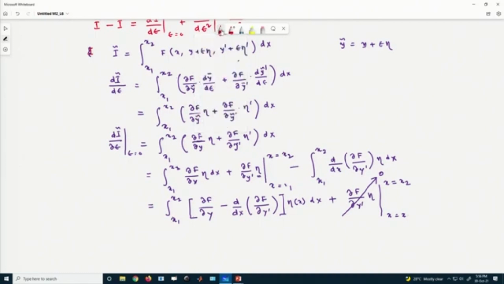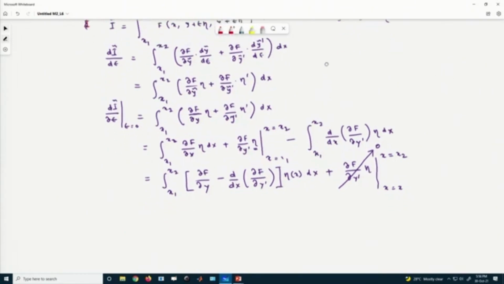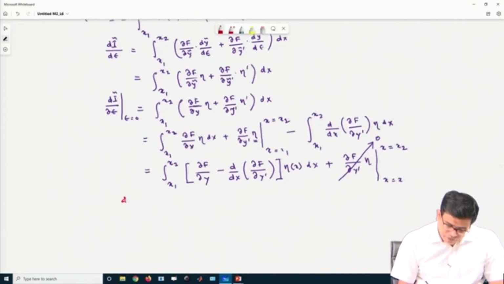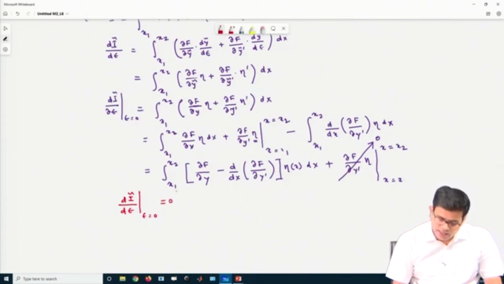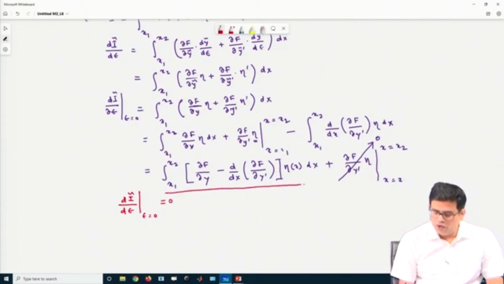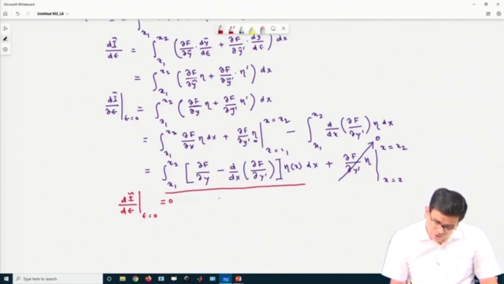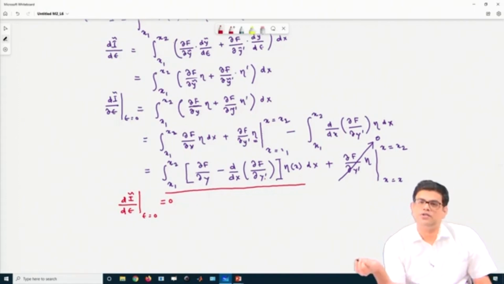Now the minimization or extremization condition that we have found is that dI tilde by d epsilon at epsilon equals 0 must be equal to 0. So naturally this quantity will be 0, right? Now look carefully: making this quantity 0 is essentially making the bracket 0, because eta x is any admissible arbitrary function.